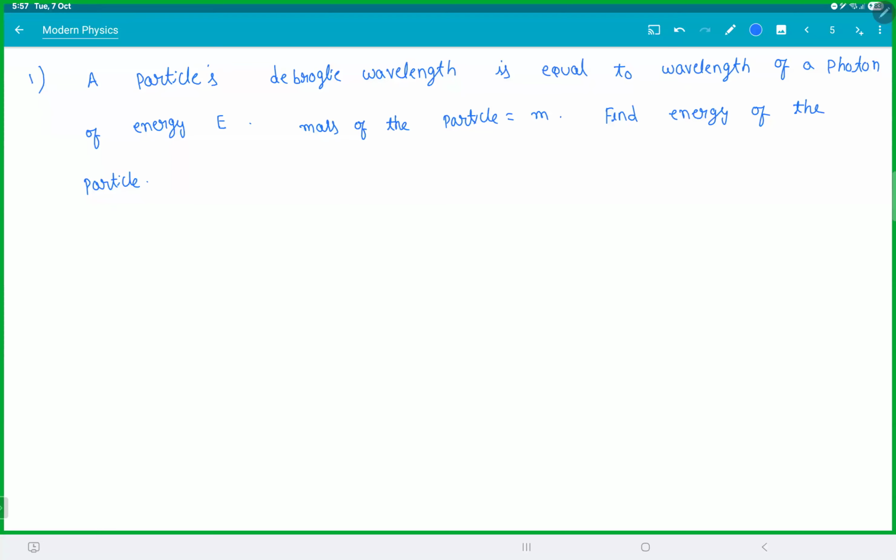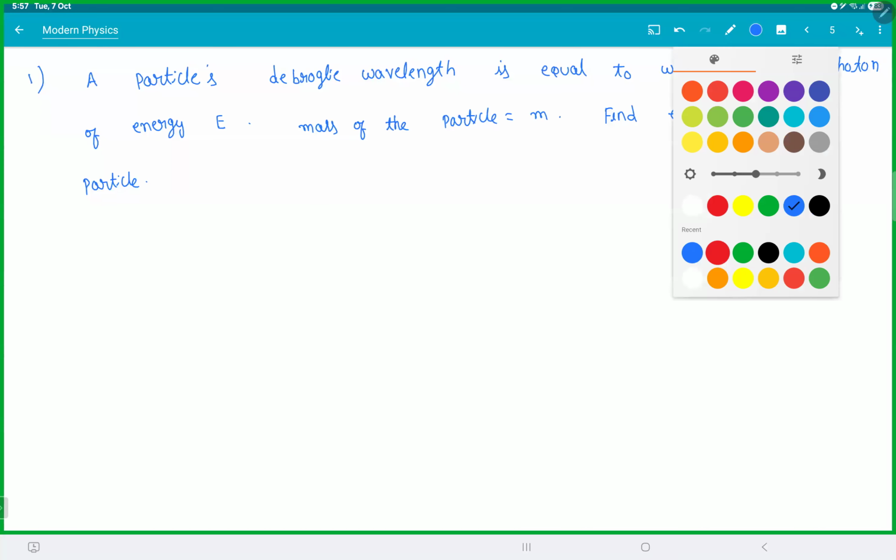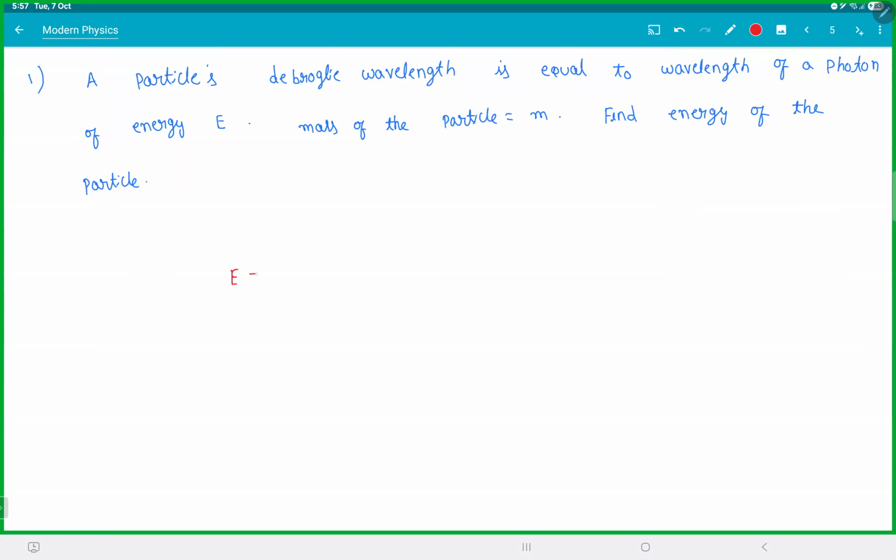See, the energy of a photon is given by hc by lambda. So lambda photon is hc by E. And in the question, it is mentioned lambda photon is nothing but lambda de Broglie. So hc by E is equal to h by root over 2 times mass into kinetic energy.